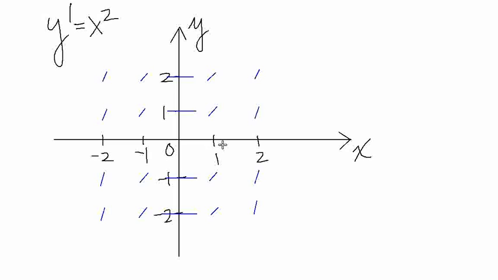Okay, so you could keep finding the corresponding slopes for more and more points, but I hope that you are getting an idea of what the slope field is going to look like. So you're going to have points like this.